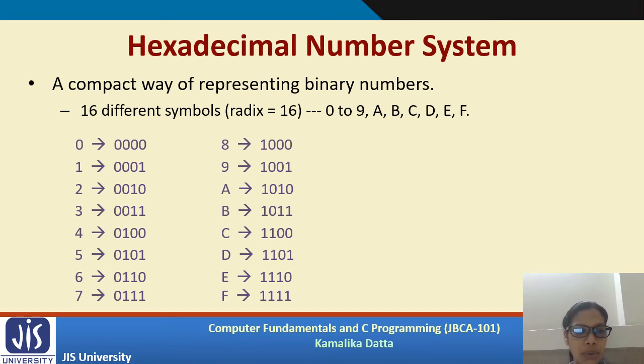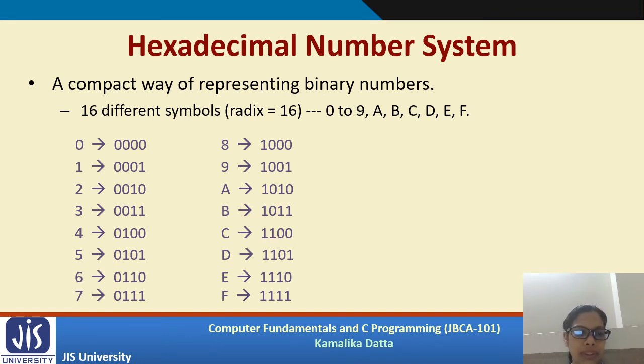Starting from 0, it is represented with 4 bits, and we have 16 different symbols, and here the radix is 16. How many digits do we have? 0 to 9, and then we have A, B, C, D, E, and F, which is 6. So 0 to 9 is 10, plus 6, A to F is 6.